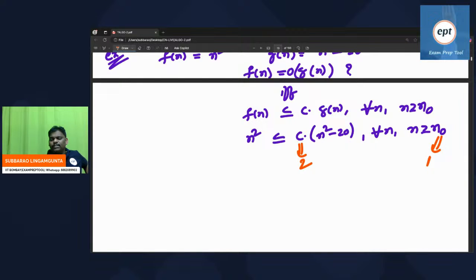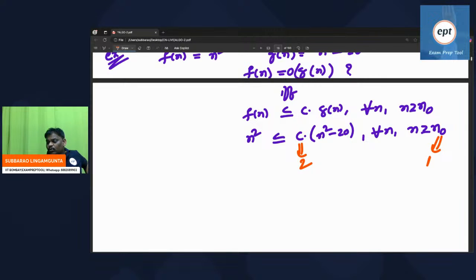So anyhow the condition fails. N value 6: left 36, right 36 minus 20, which is 16. So anyhow it fails. Remember, we have to take care from which place this relation holds good. 1 fails, 2 fails, 6 also fails.